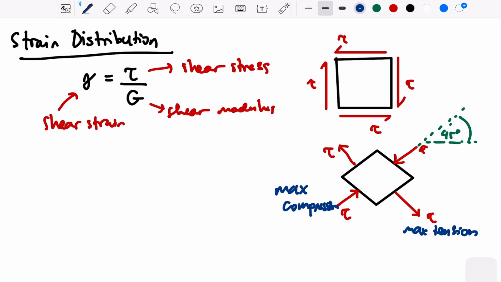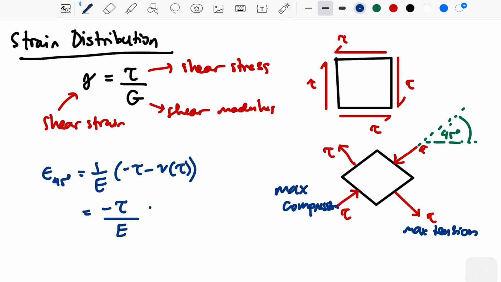Now, based on this compression and tension, we can write the strain for 45 degrees by using the formula from previous sections. So over E, and then 1 plus the Poisson ratio.